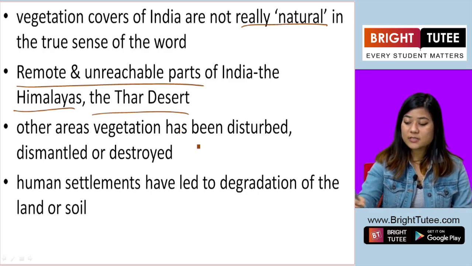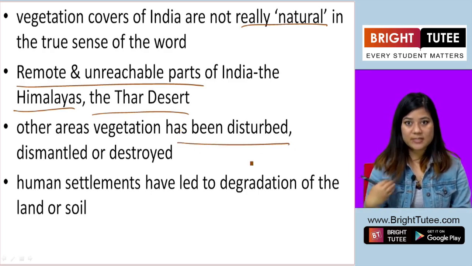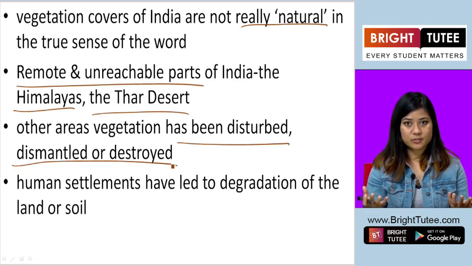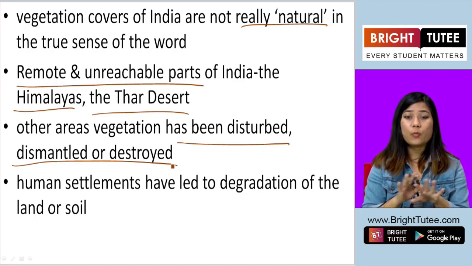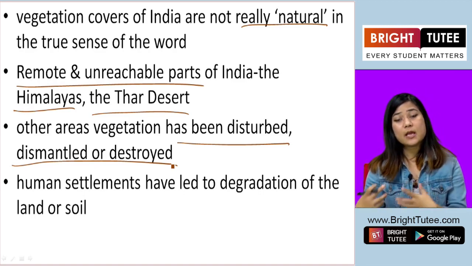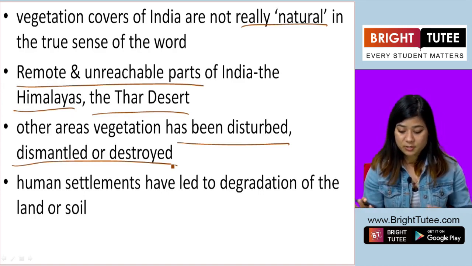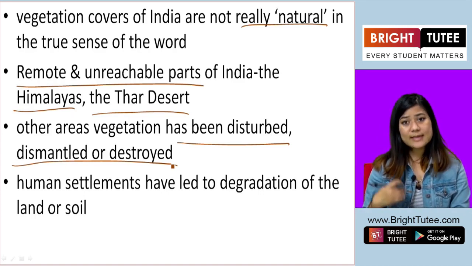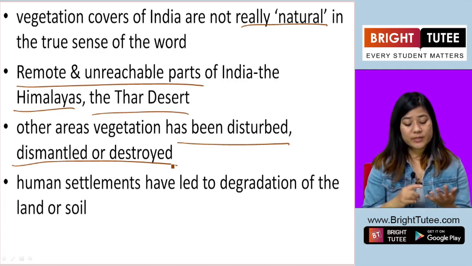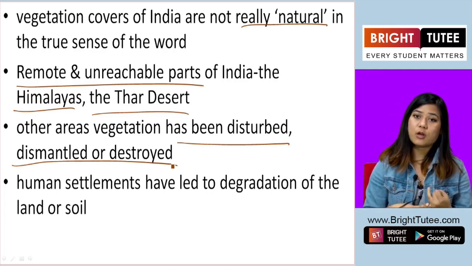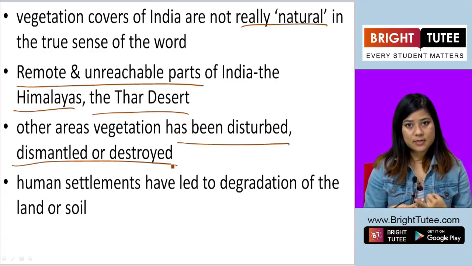Okay, and the rest of the vegetation which seems to us as natural, but is not natural vegetation, because it has been disturbed by human intervention, it has been dismantled and destroyed. Okay, they have not been well maintained, they have not been encouraged, they have not been supported, but rather they have been destroyed. Okay, like I said before, with the need of the people for industrial growth, for settlements, right?